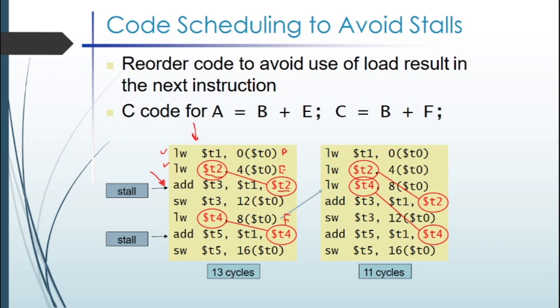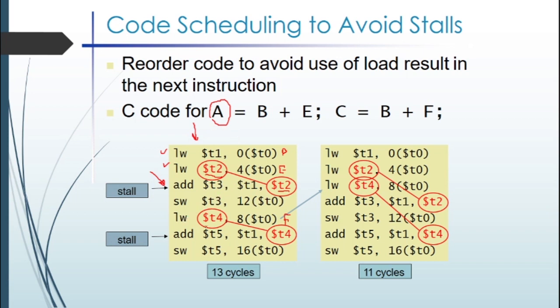Similarly, the next instruction is basically simply storing the data at register A. That is nothing to do. There is no stall here. There is no dependency here.